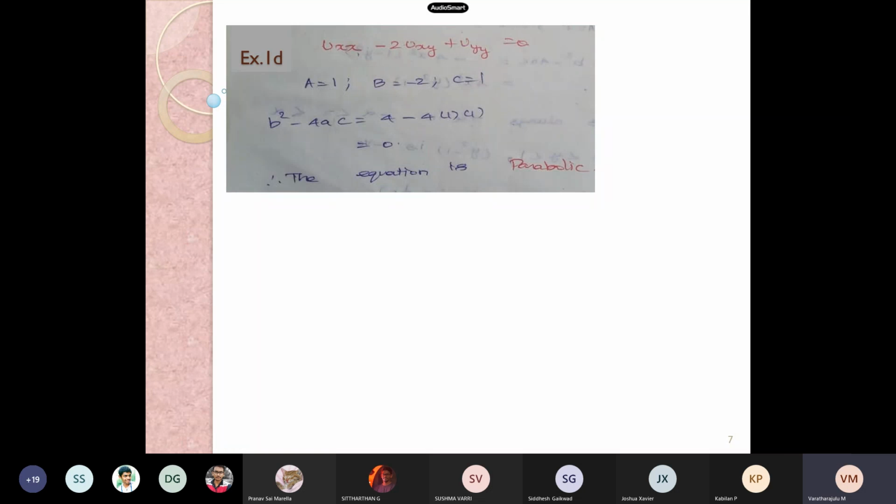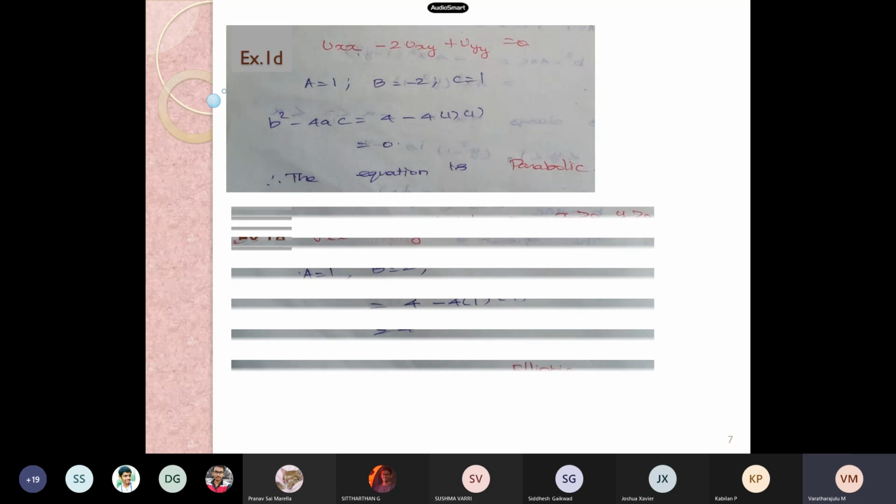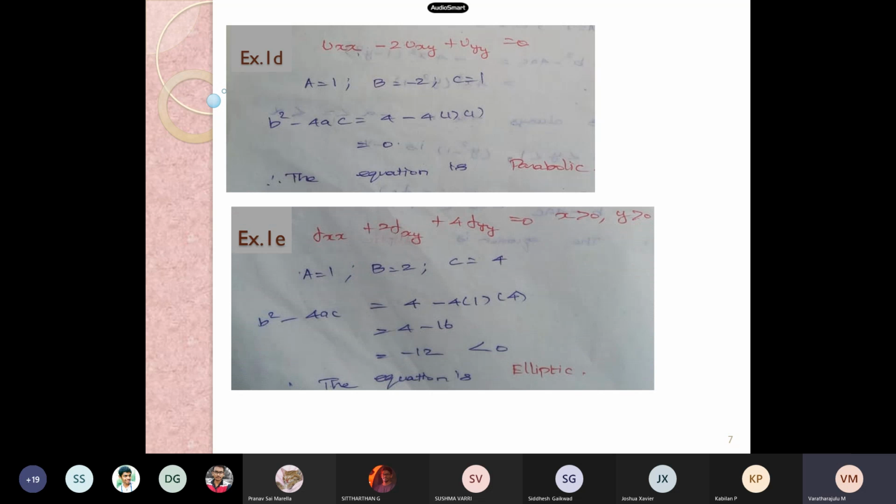Next, u_xx minus 2 u_xy plus u_yy = 0, whether it is u or f, we take the coefficients: a is equal to 1, b is minus 2, and c is 1. So 4 minus 4 into 1 into 1 is equal to 0. This type of equation is categorized as a parabolic equation, where b squared minus 4ac is equal to 0.